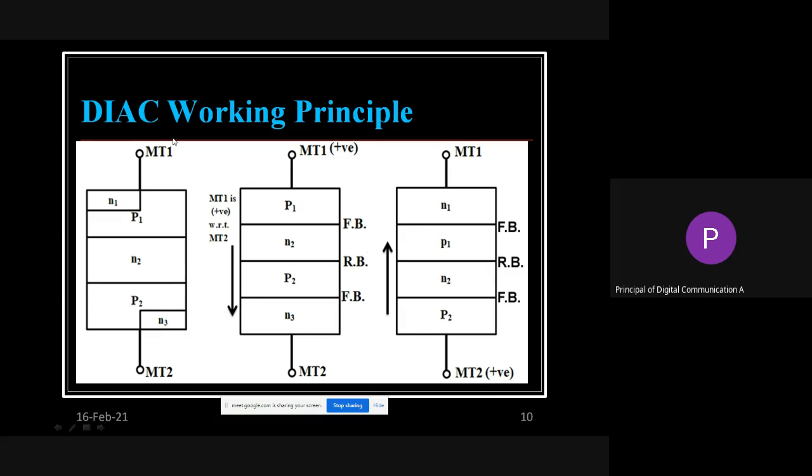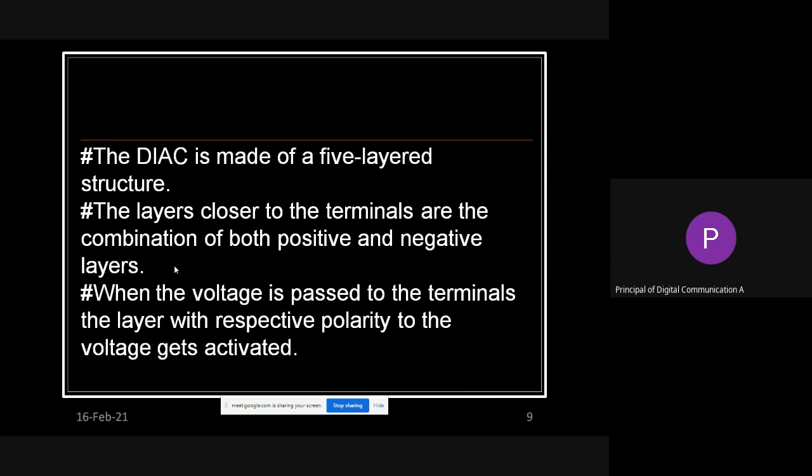If MT1 is connected to negative, then the N1 layer will come in the picture. Like that, the triac yesterday we have seen in the same manner. तसंच MT2 च्या बाबतीत सुद्धा if MT2 is positive, then the P2 layer comes in the picture. If MT2 is negative, the N3 layer comes in the picture. Like that, this is the meaning of this particular introduction.